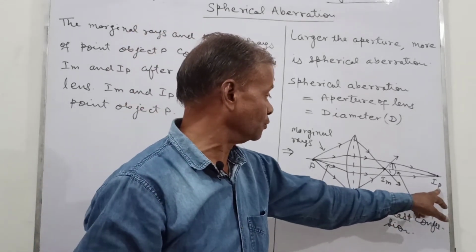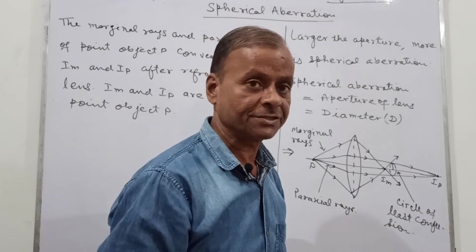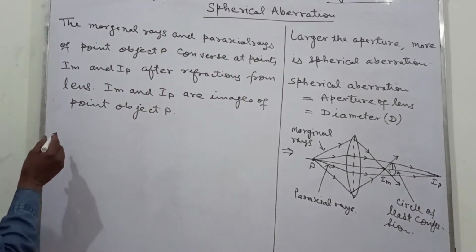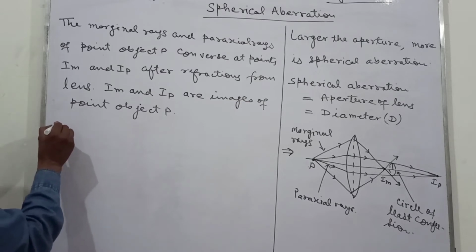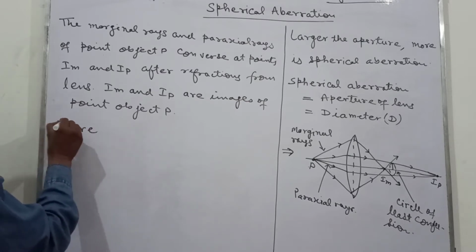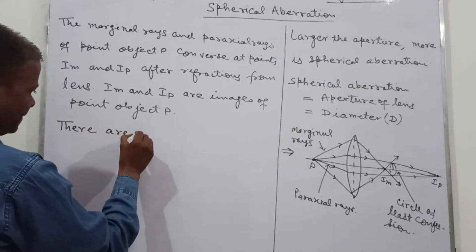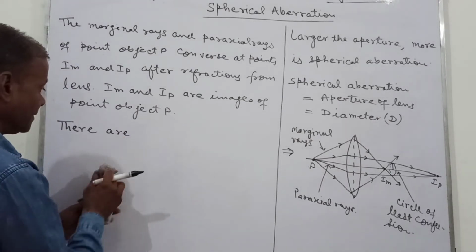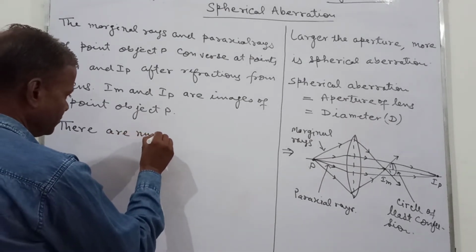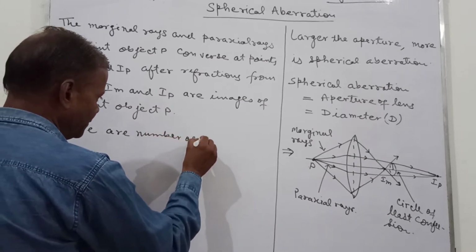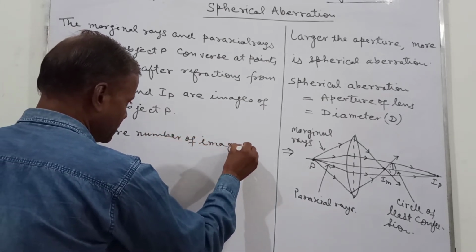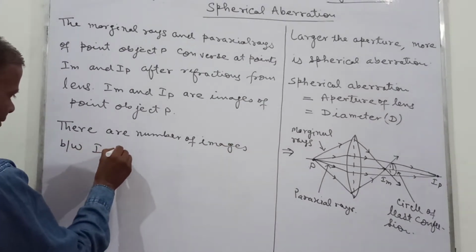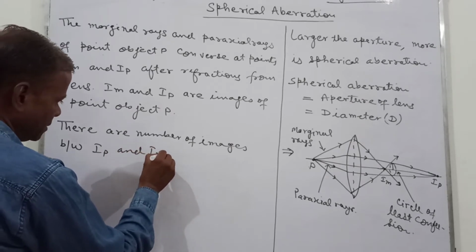So between these two images there will be number of images. There are number of images between IP and IM.